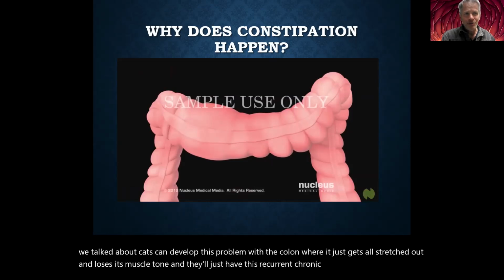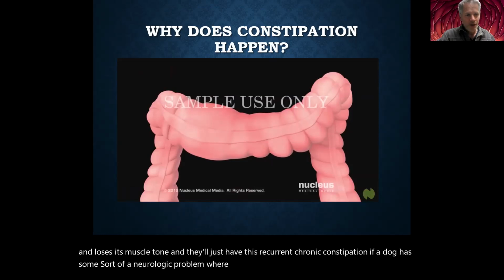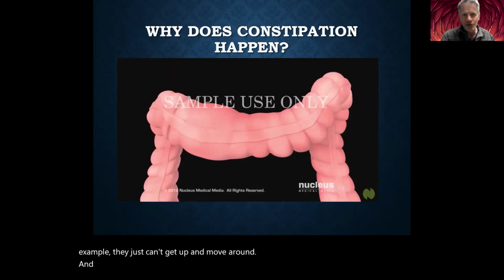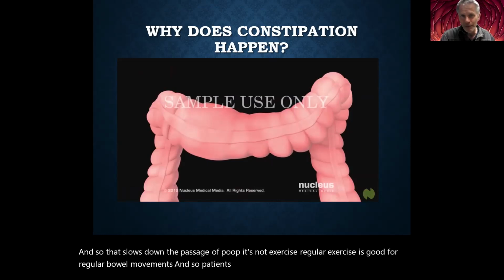If a dog has some sort of a neurologic problem where they're recumbent, so a dog with a herniated disc, for example, they just can't get up and move around, and so that slows down the passage of poop. It's how regular exercise is good for regular bowel movements, and so patients that can't can develop constipation.